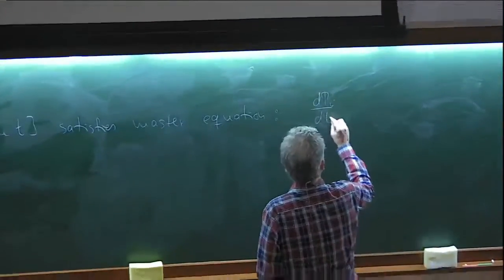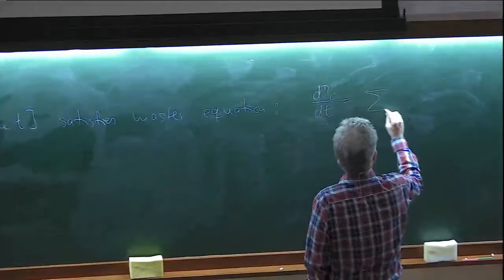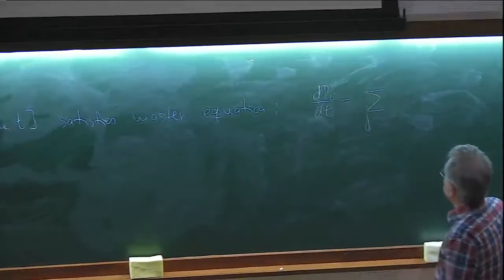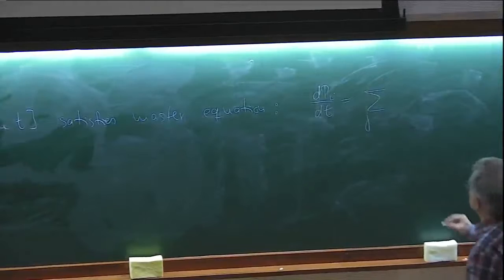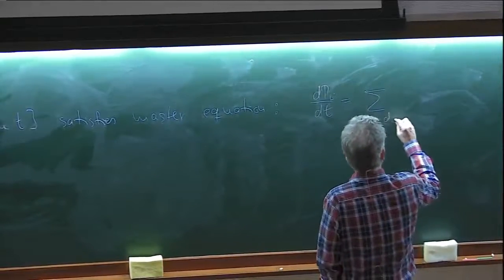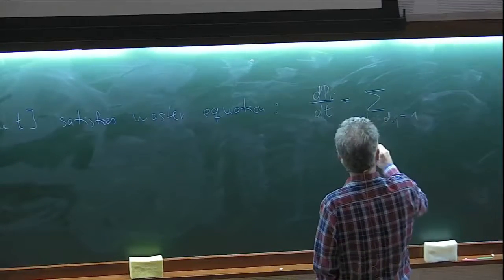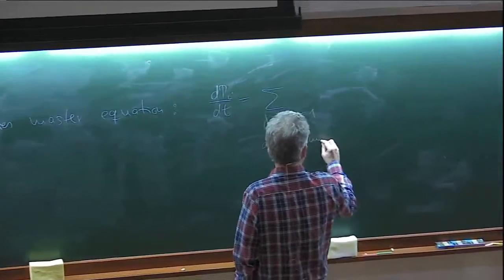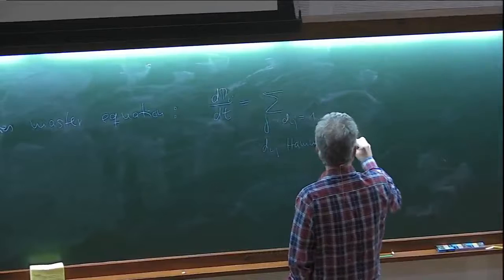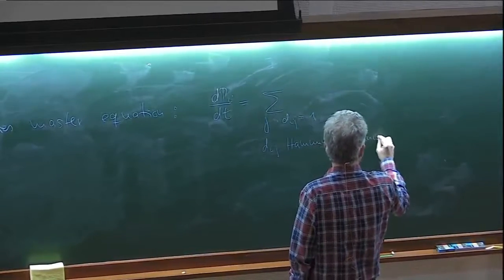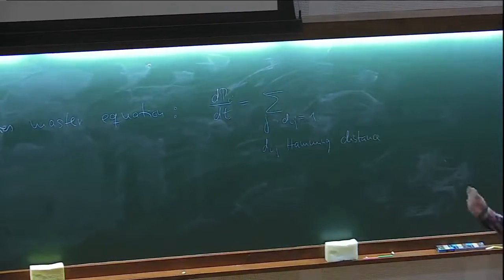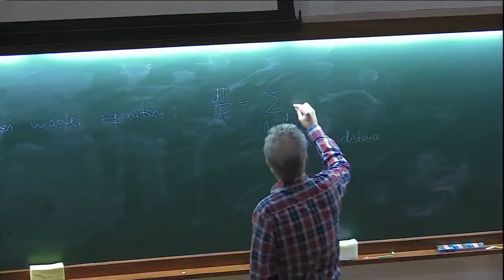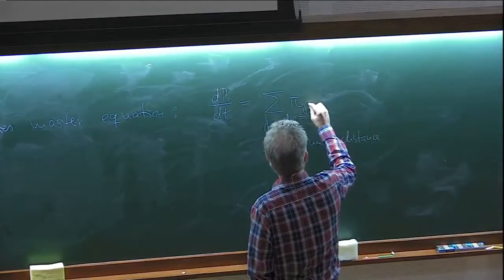dp_i by dt. And here you have to sum over all the genotypes that are at distance 1. Okay, so this is d_ij equal to 1, where d_ij is the Hamming distance between the two genotypes. And then we have a kind of inflow of probability, that is, stuff can go from j to i.